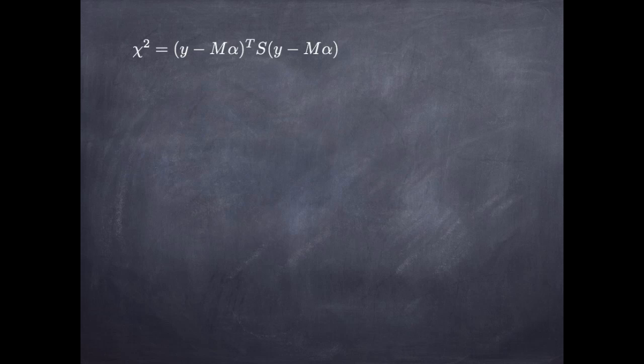Well, as most calculus students will tell you, if you want to minimize something, you have to take the derivative with respect to the variable you want to vary in order to minimize. So if we take the derivative of chi-squared with respect to the alpha sub i parameter, the ith parameter, what we get is basically a derivative in a certain direction in parameter space.